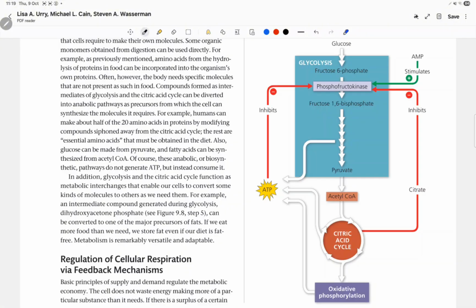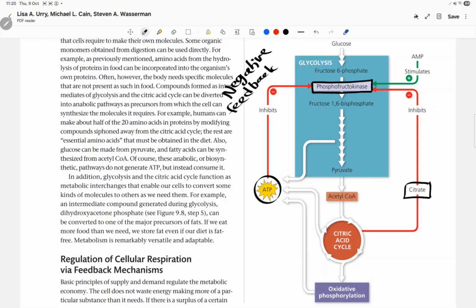What we see here is a process of negative feedback, where once your body made enough ATP or made enough citrate, it will go back and tell this enzyme, which controls glycolysis, to stop working.